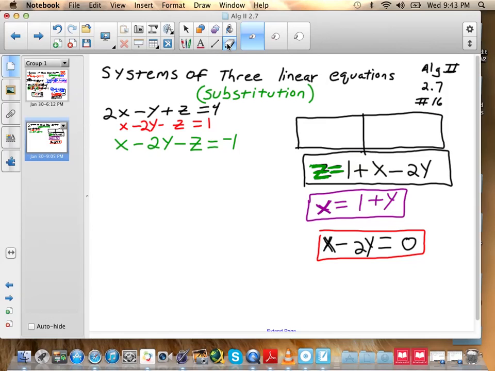Let me just copy it to be quicker. So we said z equaled 1 plus x minus 2y. So that's what z equaled.